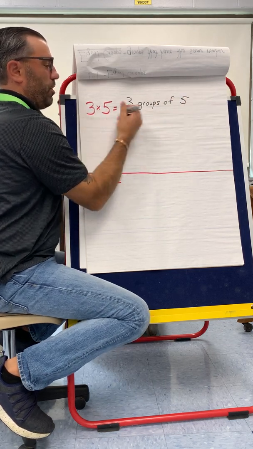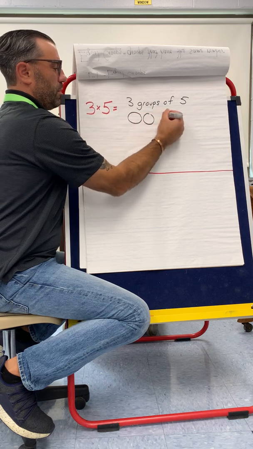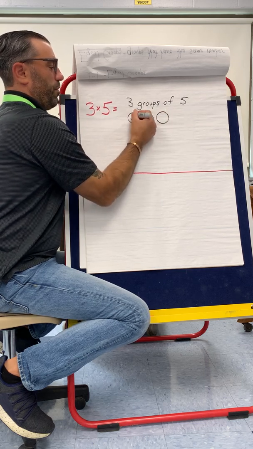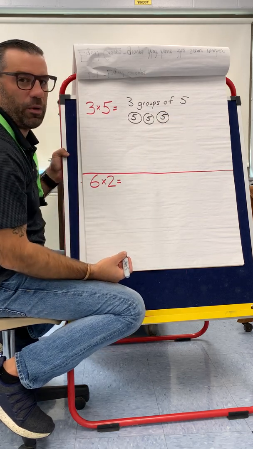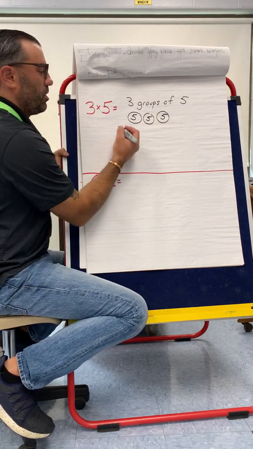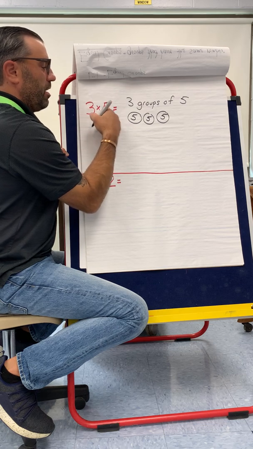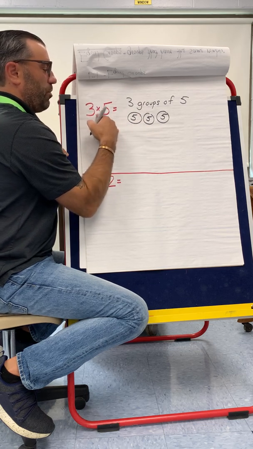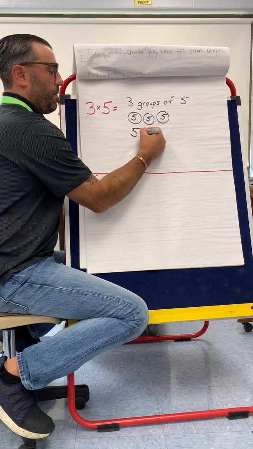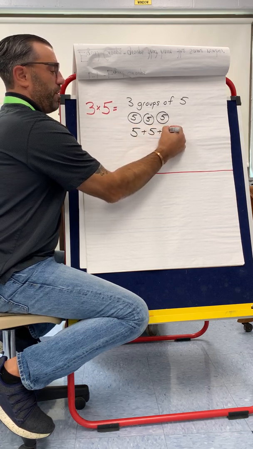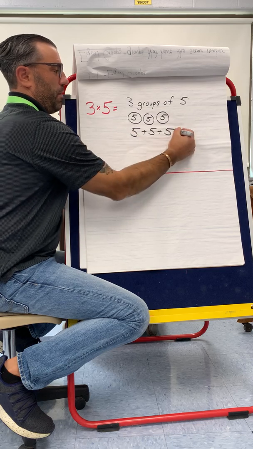Well, look, 3 groups with 5 in each group. And then I can say, okay, repeated addition. So I'm just adding 3 fives. 3 groups of 5. 3 fives. So it's 5 plus 5 plus 5. It has to be the same number.